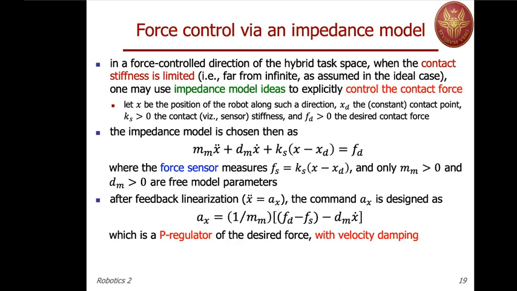So what results is that in that direction you are doing a P regulator, proportional to the force error, a P regulator of the desired force, and you have a velocity damping, without the need of any differentiation of the force measurement, which is always a bad choice, in fact.